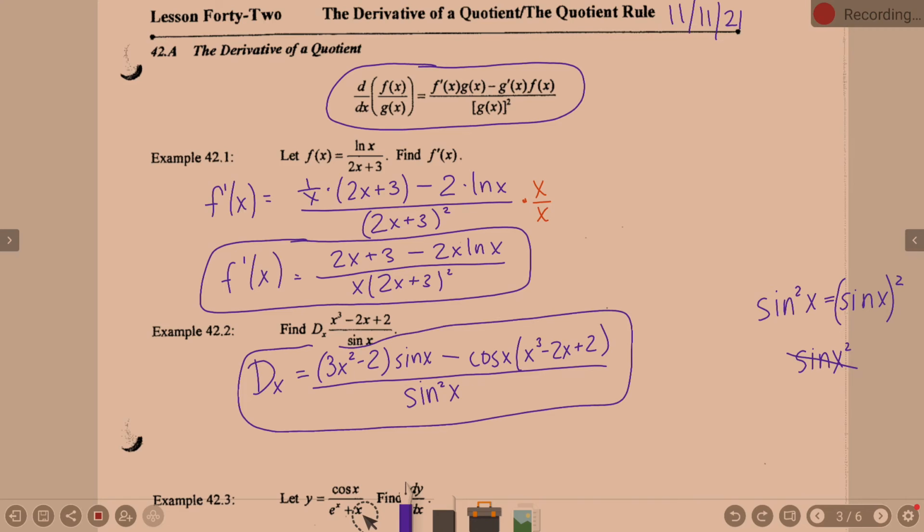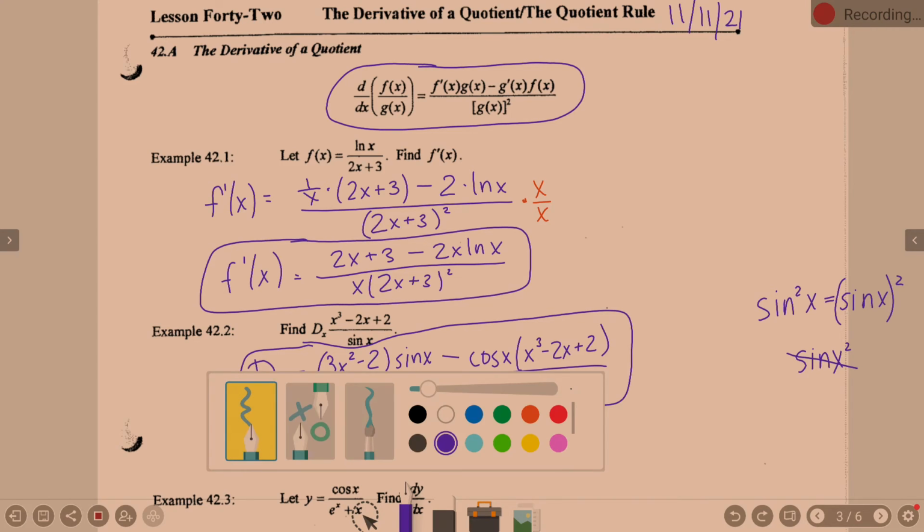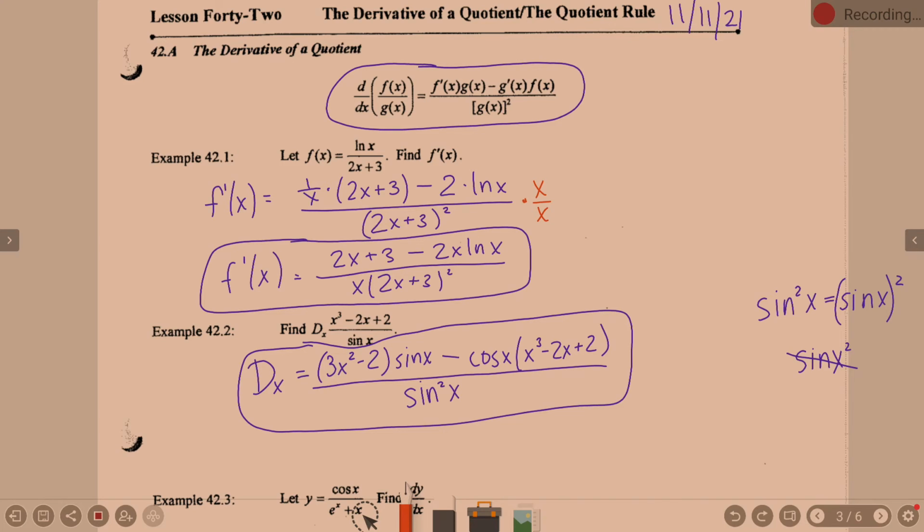No one said these answers looked neat today. You will learn that very quickly. Quotient rule can get ugly very quickly. I'm going to write a comment: there are ways to simplify, and I will use the phrase if necessary.